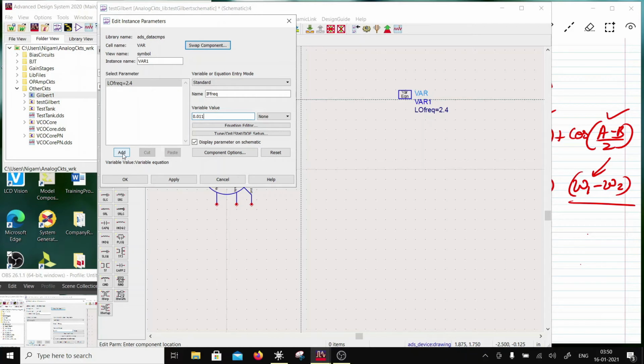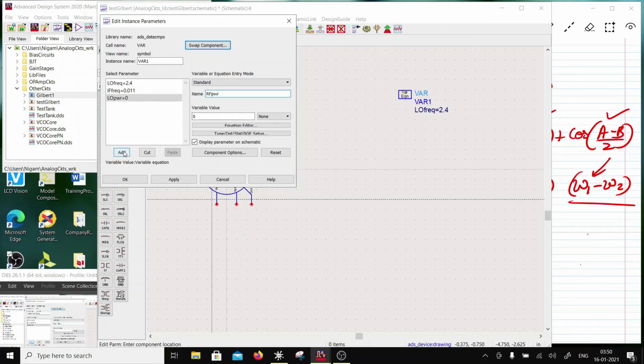So I'm gonna say add, and then you have got LO power. So I'm gonna say LO power, and this LO power I'm gonna put here as 0 dBm. So add, and then I'm going to put here RF power, which is going to be again 0 dBm because we're going to sweep it anyways, right?